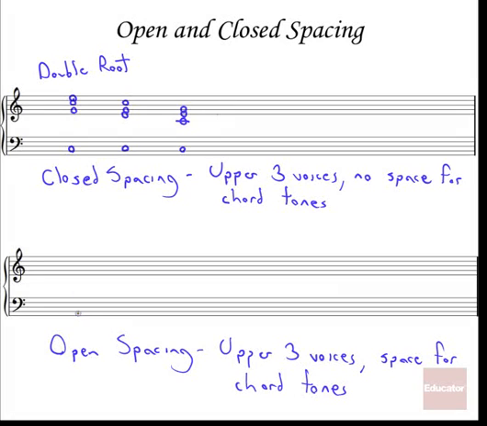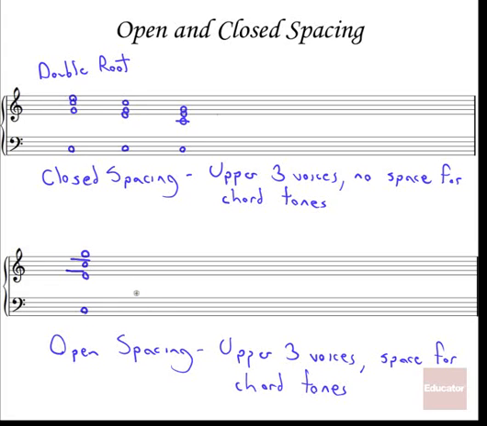If we start with the C major chord again, and we write an E here, maybe we can leave this G open and double the C here, and now we need a G, which goes up here. So now this chord is an open spacing because we've left this E here and this G here not filled in. Let's do another open spacing.